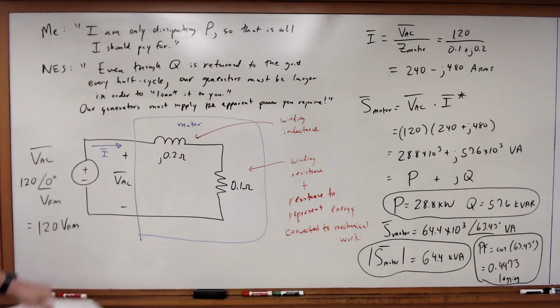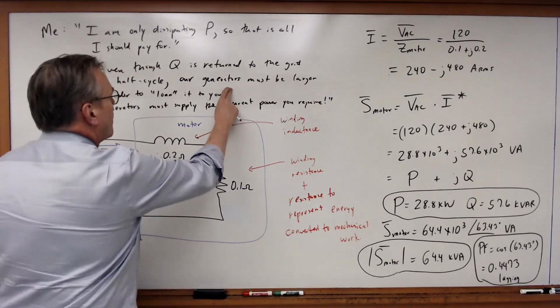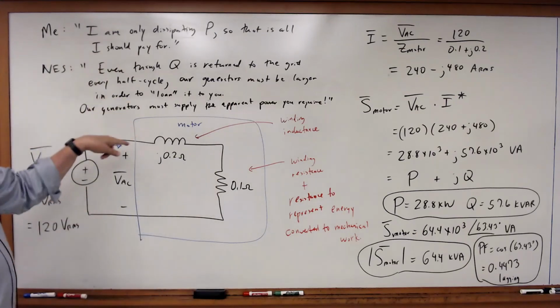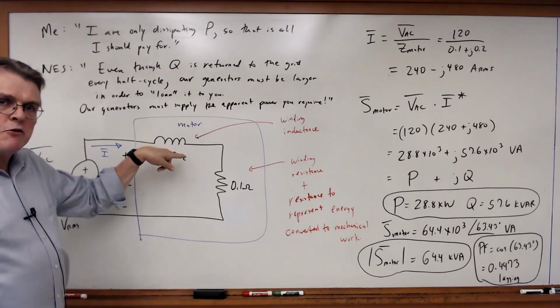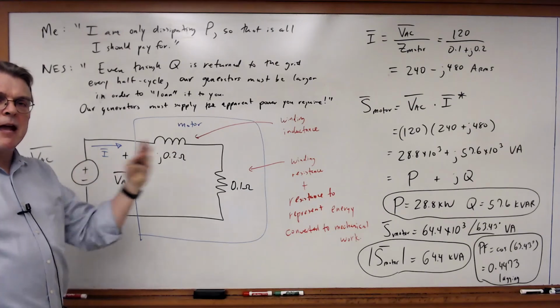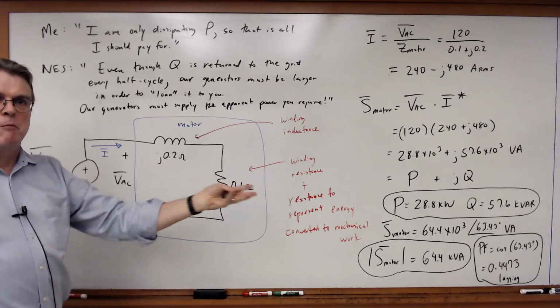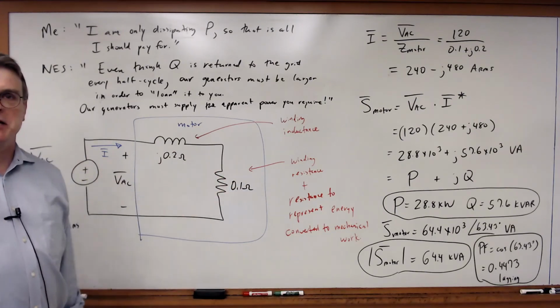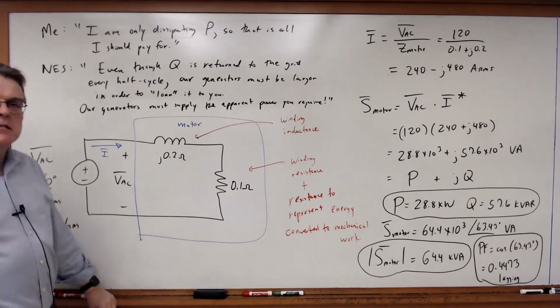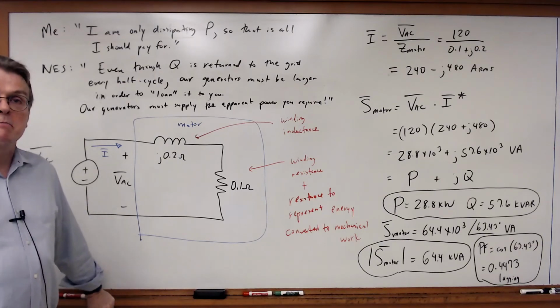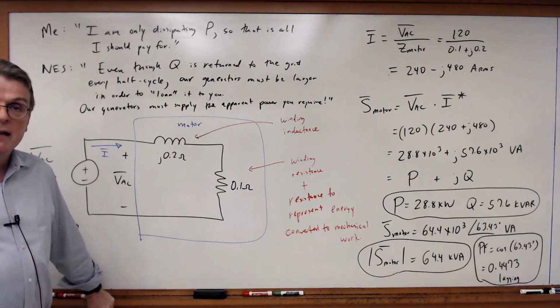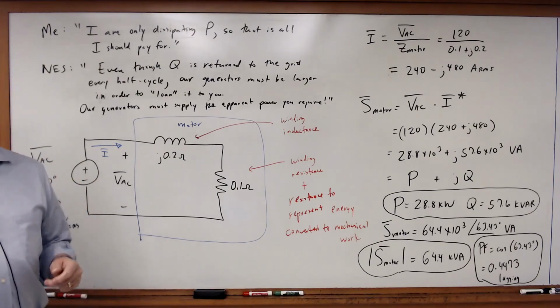So this is NES's point of view. You are borrowing power, you're borrowing energy and then giving it back to them. But every half cycle, you repeat that. You borrow it for half a cycle, give it back the next half cycle. Point is they have to supply that energy. It costs them money to have generators large enough, and therefore there's going to be a surcharge.